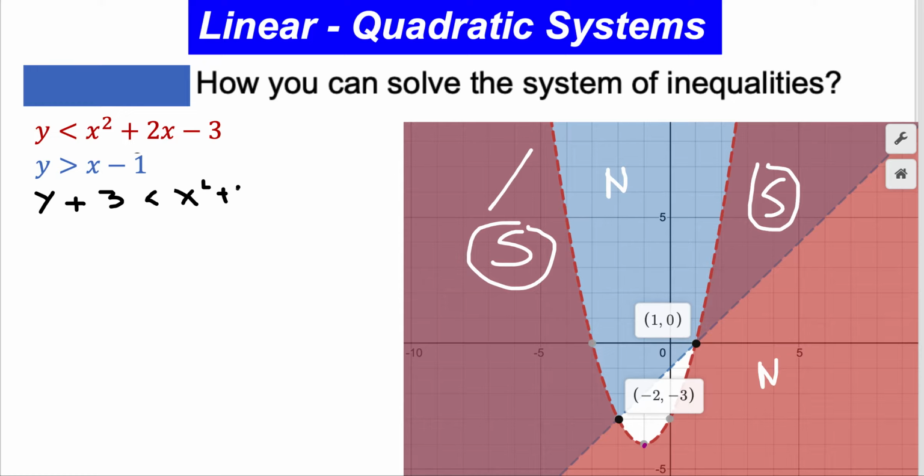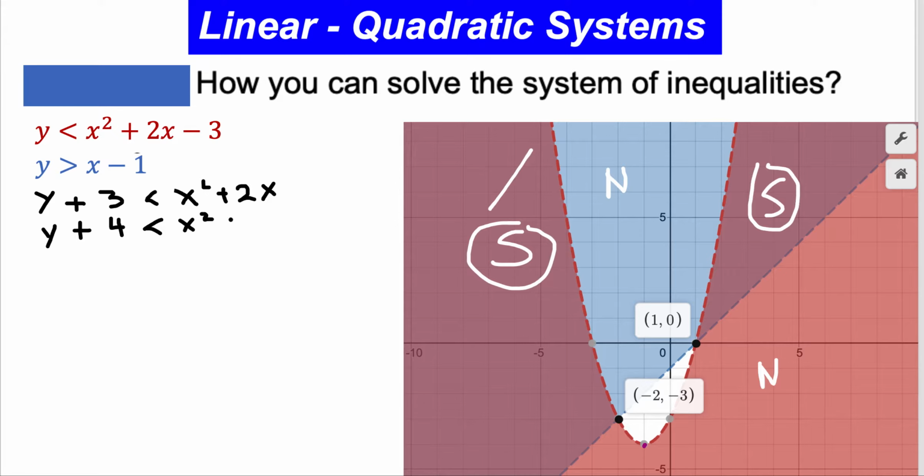I'm taking a little shortcut because we already showed how we can graph and how we can convert into the completing square. And this b is 2, divided by 2 is 1, squared. So 1 squared is 1, and if I'm adding 1 to both sides, then this equation is going to be y plus 4 is smaller than x squared plus 2x plus 1.